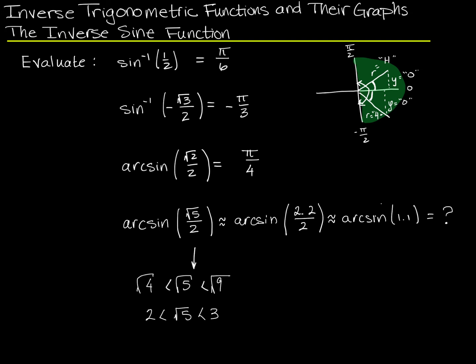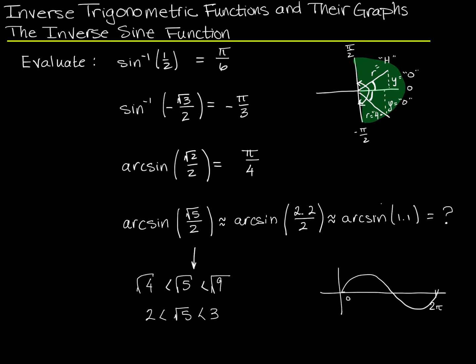Think about that for a second. Which angle in the unit circle, or it might be easier to think of it this way, there's 0, there's 2 pi, and a sine graph looks something like this.